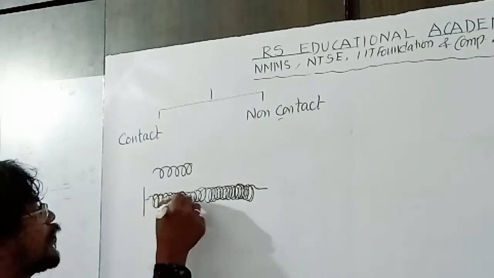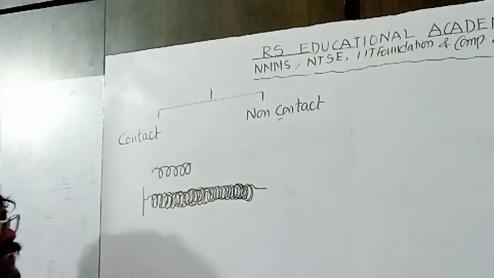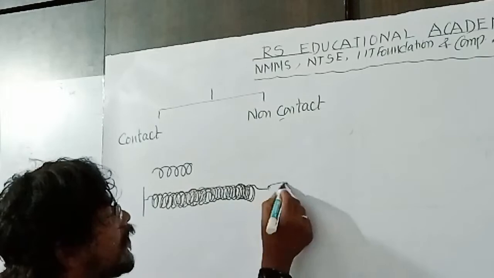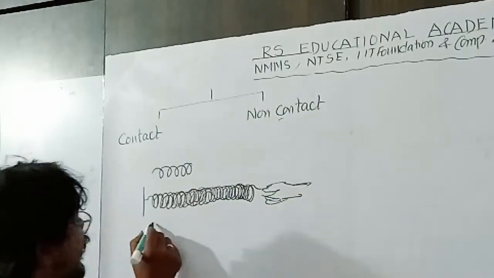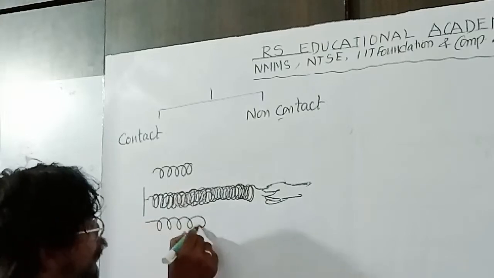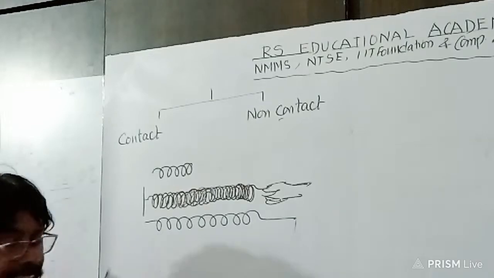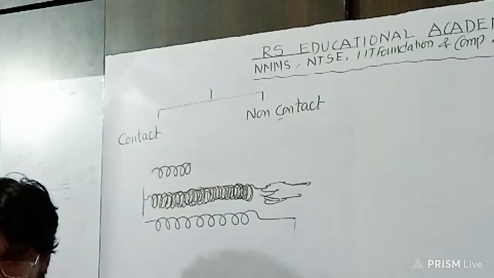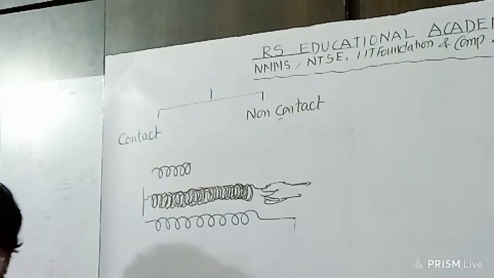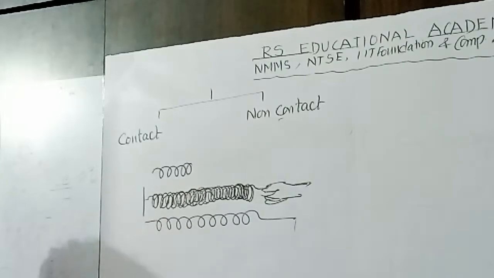This is a spring. If you apply force on it by pulling, it extends. If you release it, it again regains its position. So the force which opposes the pulling of an object is called the spring force of the spring.